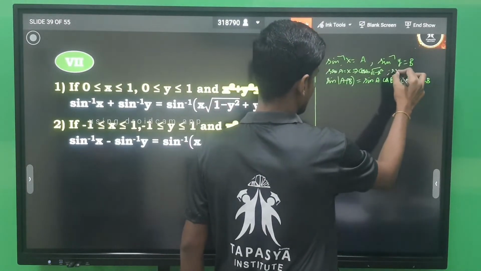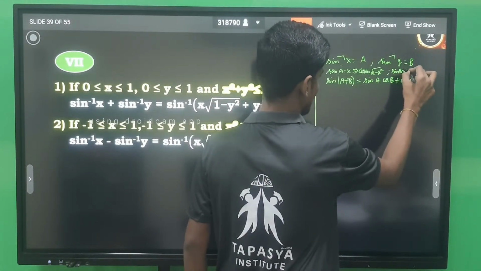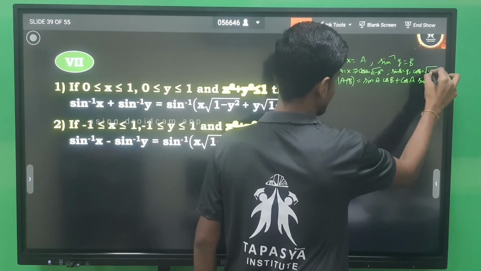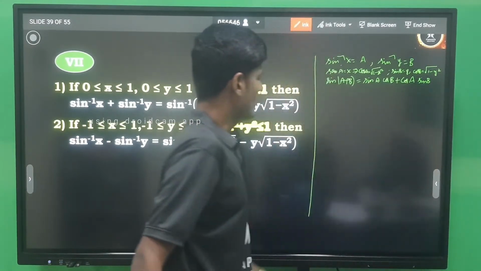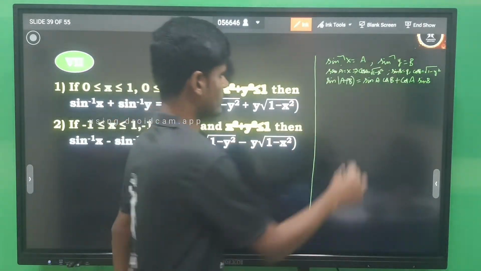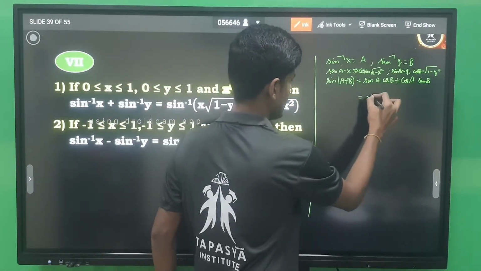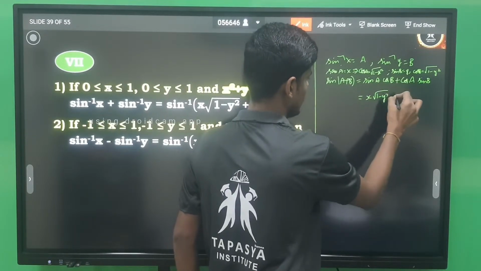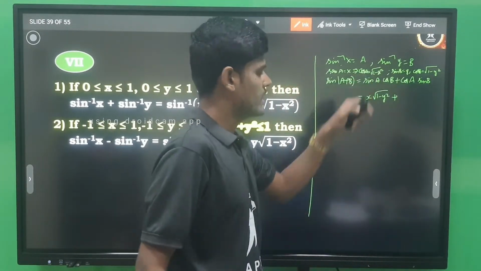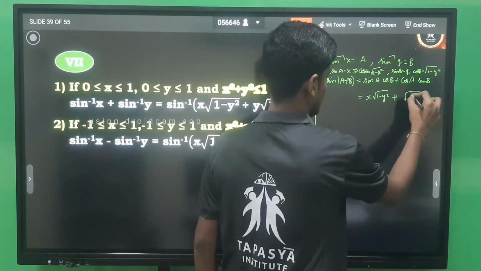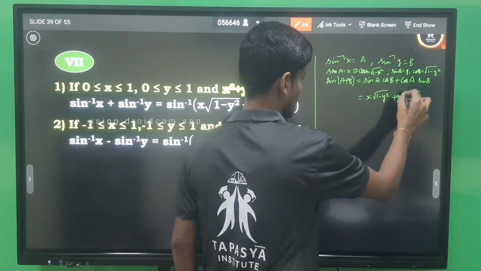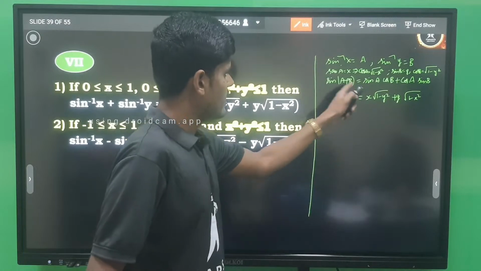Similarly sin b is y, and cos b is root 1 minus y square. Which means sin of a plus b is equal to sin a, that is x, into cos b, that is root 1 minus y square, plus cos a, that is root 1 minus x square, into sin b, that is y. This is sin of a plus b.